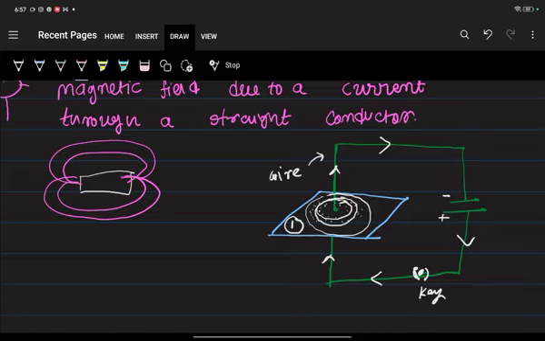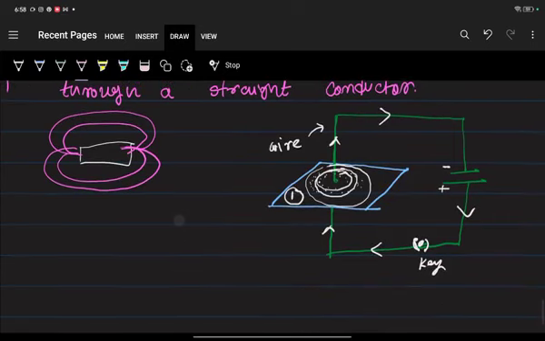So on passing the electric current, the iron filings arrange themselves in concentric circles. So the magnetic field lines are concentric circles. They are different from the bar magnet, but still they are magnetic field lines.